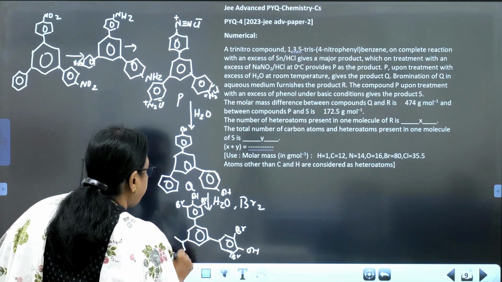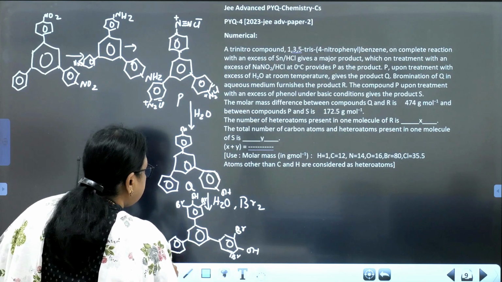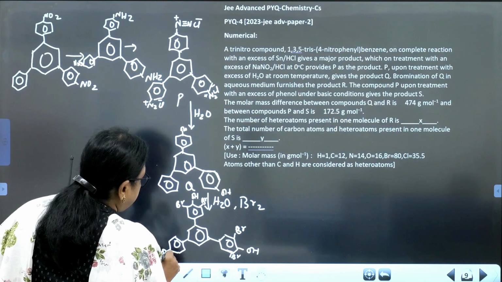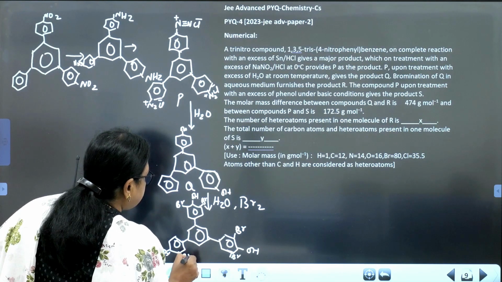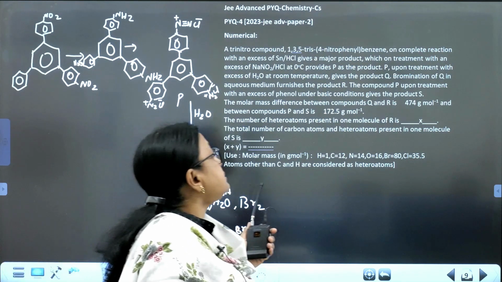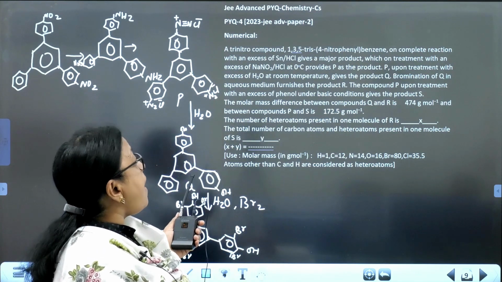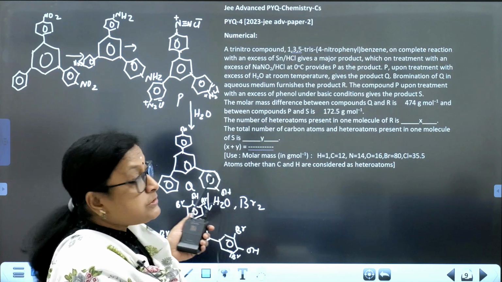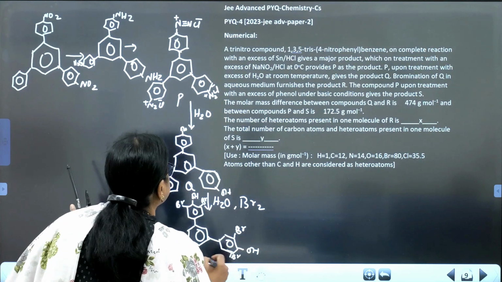Same thing you can put in the fifth position also. OH here, both the ortho positions of this phenolic group will be brominated. And this compound is called R. Br2 in aqueous medium gives R.